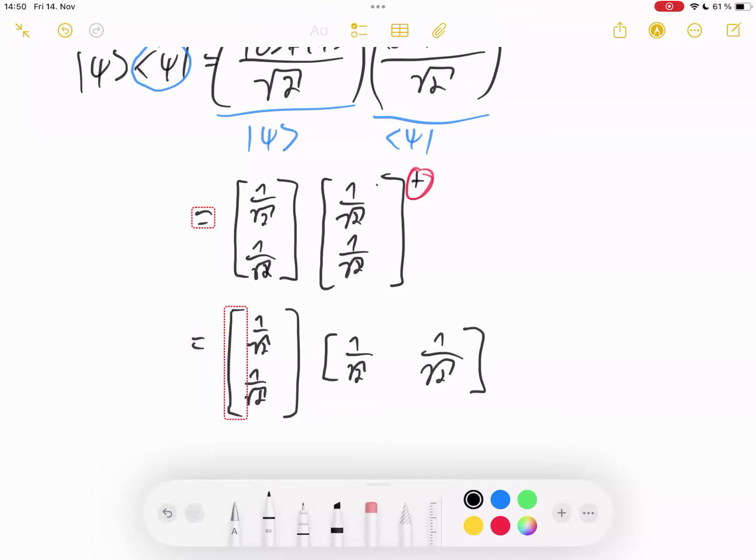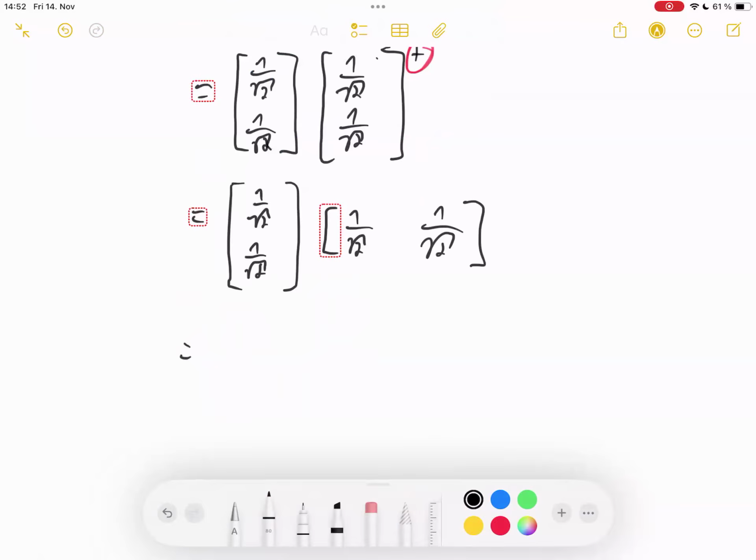Now it's your task that you multiply this column vector and this row vector, and once you have the solution, please send it to the chat. I'm curious to see what you think the answer would be, maybe without looking at the slides.